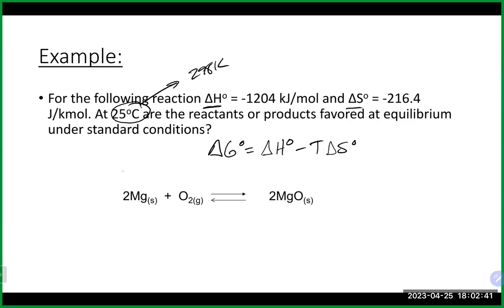So putting it in, we'll take our delta H, and again, I'm going to multiply it by 1,000 to convert it to joules. We will then subtract our temperature times our delta S, which is in joules.